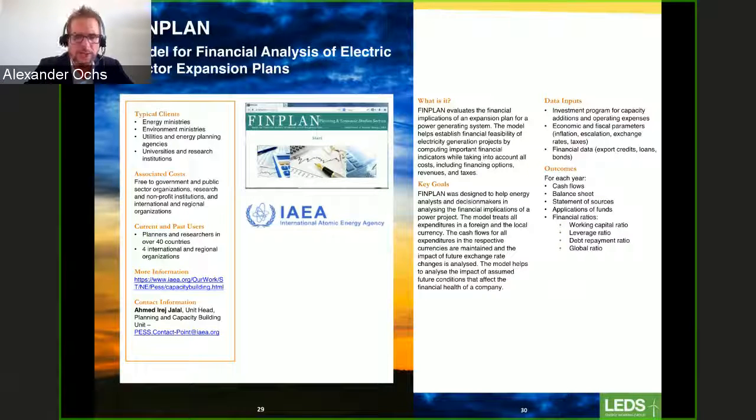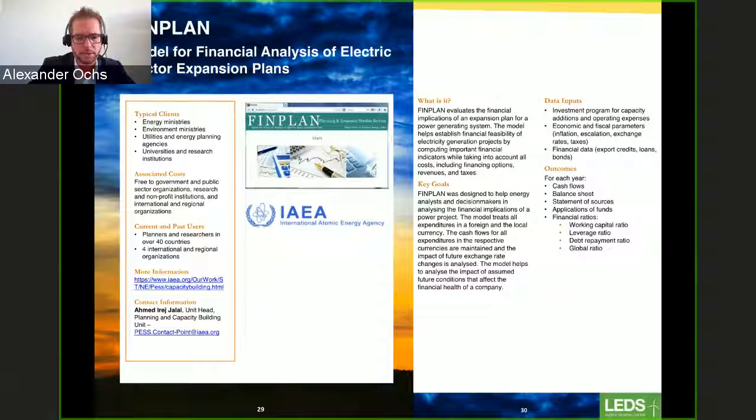It takes into account different financial sources, including export credits, commercial loans, bonds, equity, and even such modern instruments like swaps. And it calculates the projected cash flows and provides you with a balance sheet and financial ratios and a host of other financial indicators for those investments.